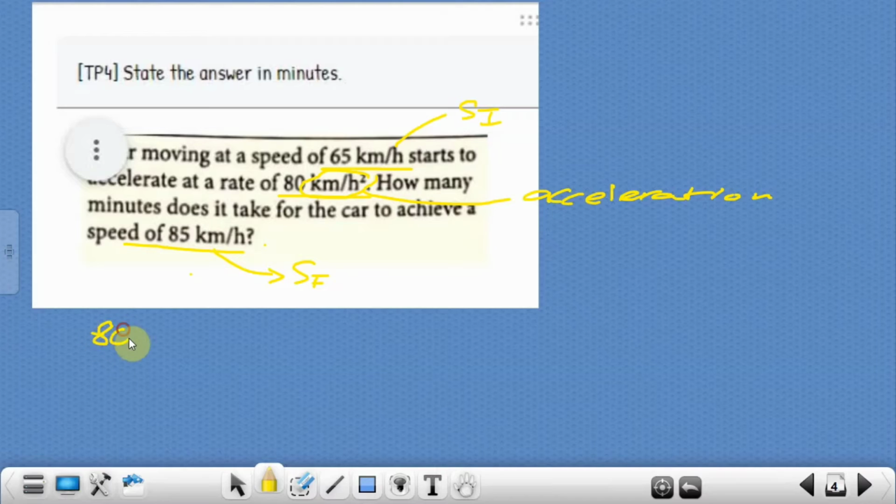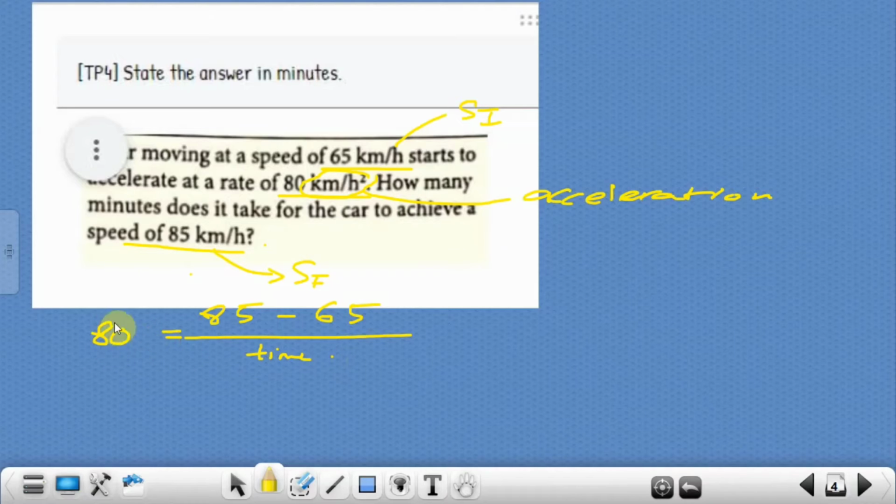Acceleration is 80, and the final speed is 85 minus the initial speed 65, and the time taken.